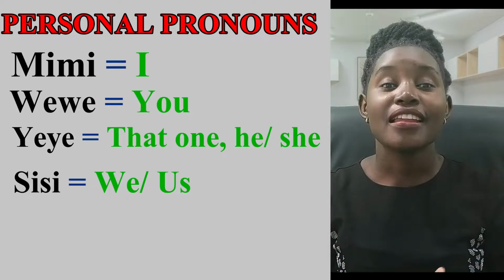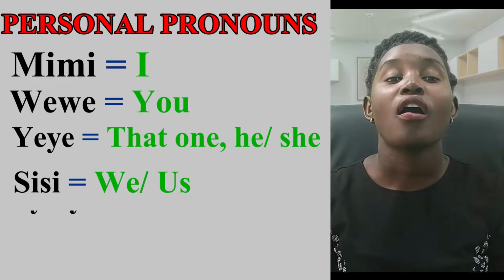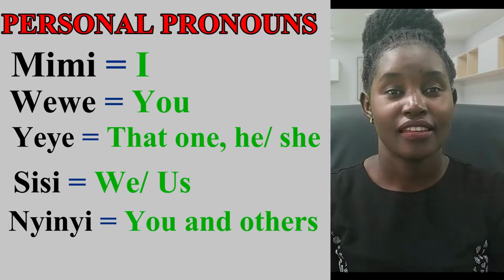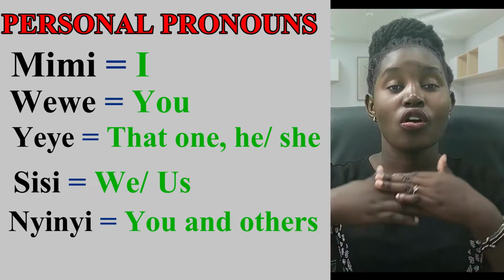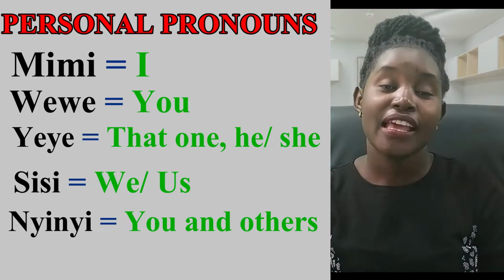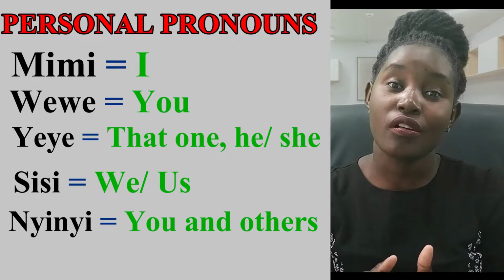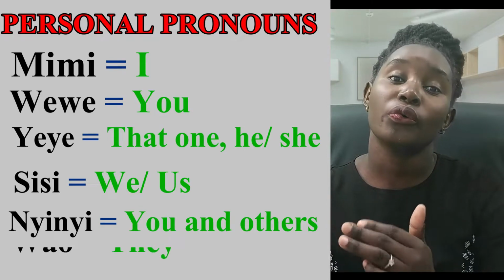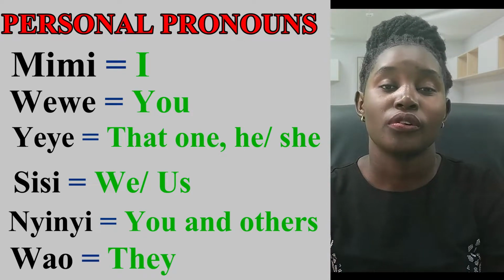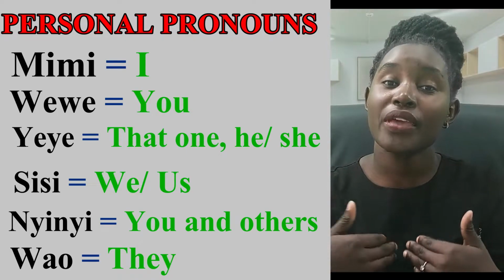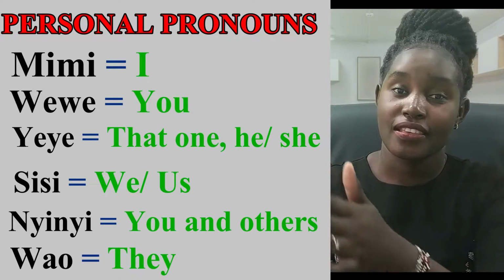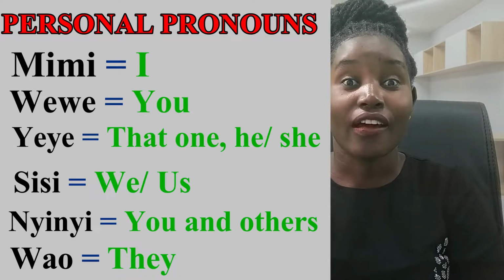Sisi is we. The next one we have is nyinyi. You and other people, excluding me. So you all, nyinyi. And the last personal pronoun we will talk about is wao. Wao. They. A group of people excluding me and you. Alright, so those are the personal pronouns we will deal with.